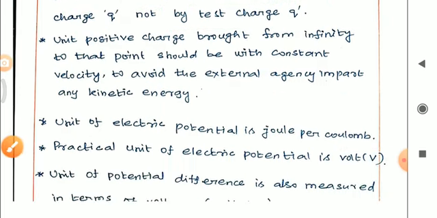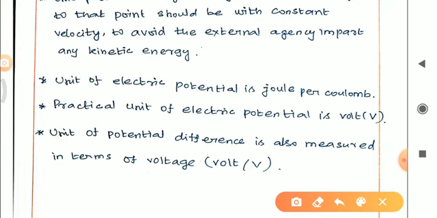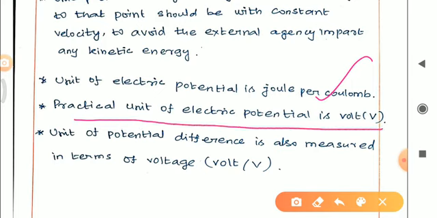Then what is the third point? The unit of potential is joule per coulomb. The practical unit of electric potential is volt, in symbol capital V, named after the scientist Alessandro Volta, who designed the electric cell.